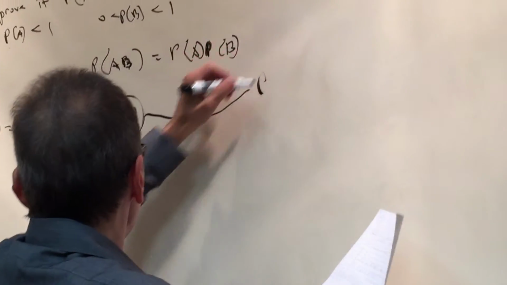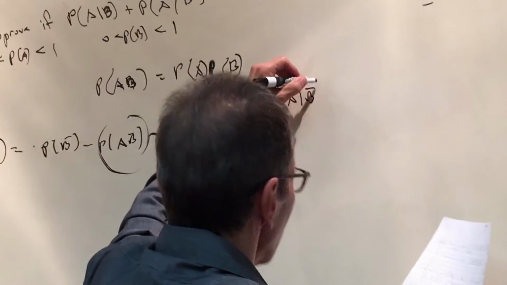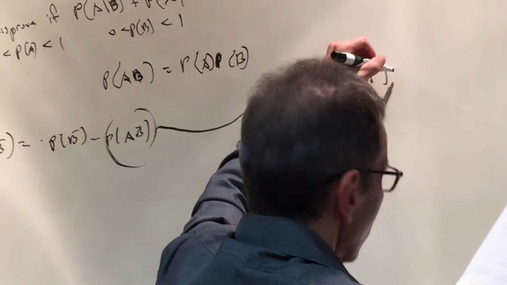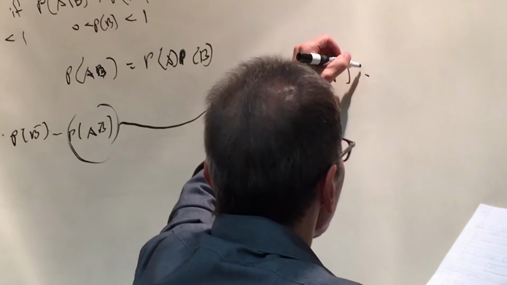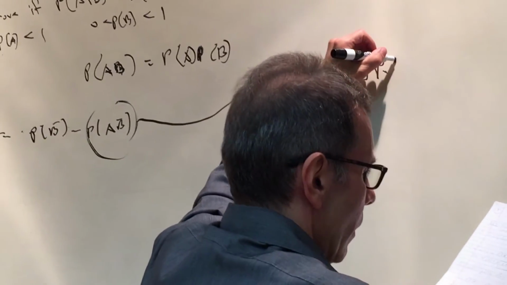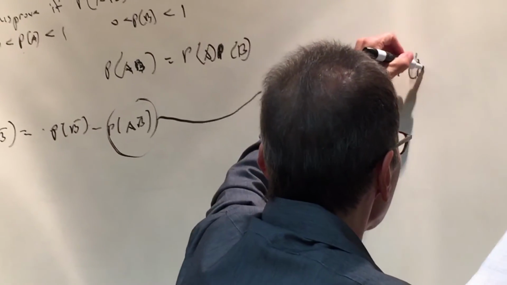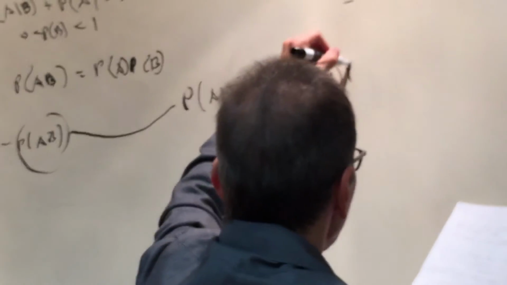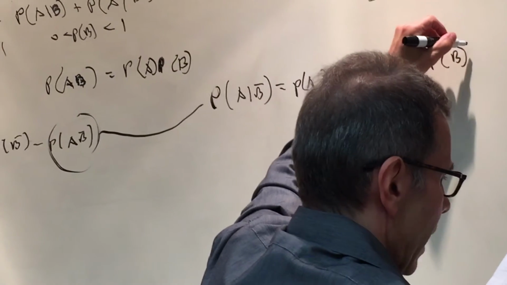This probability of A B bar is equal to the probability of A times the probability of 1 minus probability of B. Where did we get that?